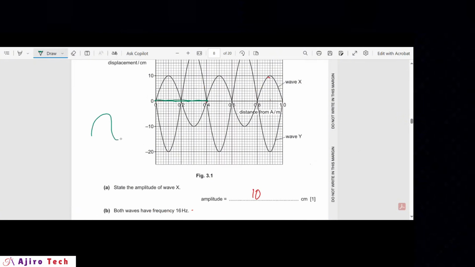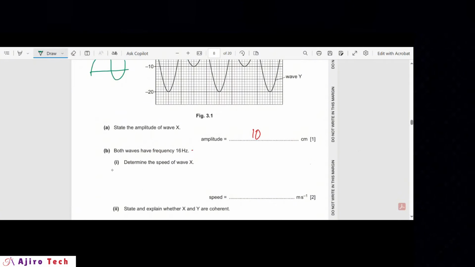If the horizontal axis is labeled as time, that will represent the period. If the horizontal axis is labeled as distance, that means the wavelength. So in this case, our wavelength of x is 0.4.